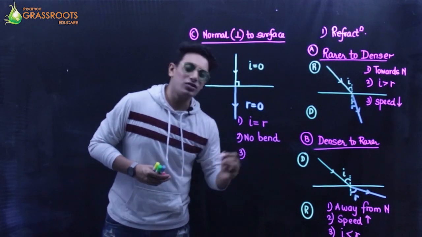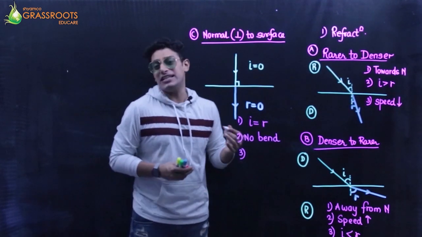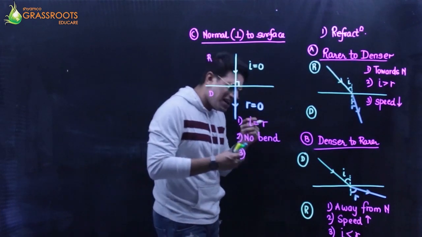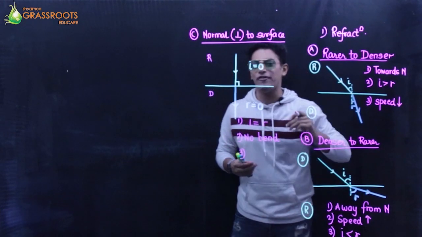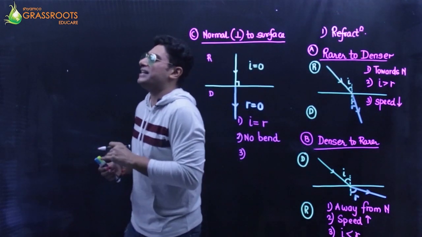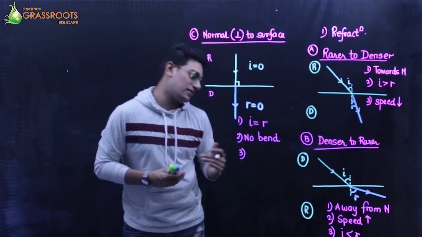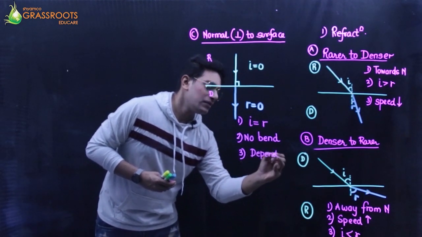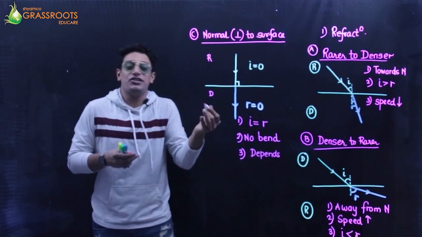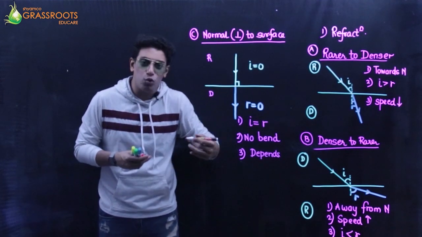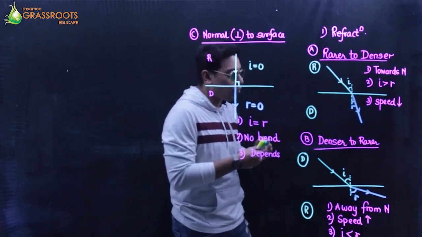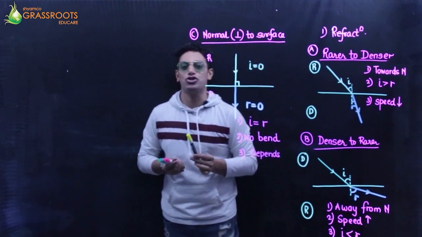And third, talking about the speed, definitely it depends. If it goes from a rarer to a denser medium, the speed slightly reduces. And from a denser to a rarer medium, the speed slightly increases. So third point, I can say it depends on which medium light is entering from and into. So these are the three conditions as my first answer, with the definition of refraction.